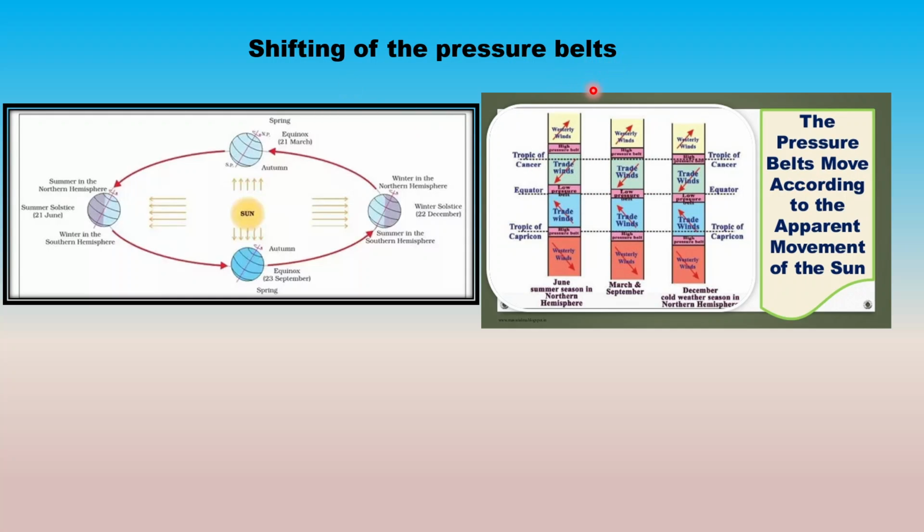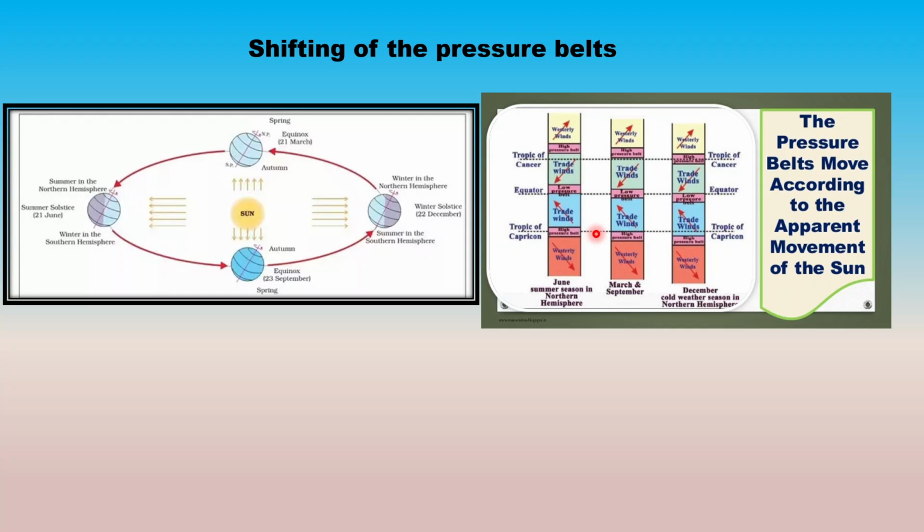This shifting of pressure belts is more prominently seen with the westerlies because during the summers, the westerlies move towards the north, bringing a lot of rain to the northwestern part of Europe, northwestern part of North America, tips of South America and Africa when they are having their summers.